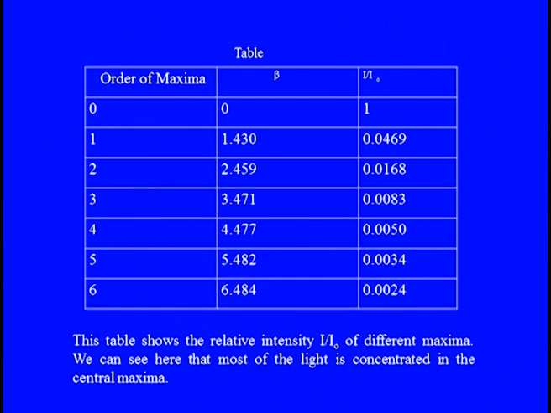This table describes the intensity of various secondary maxima, and from here we can again see that most of the light is concentrated only in the principal maxima.